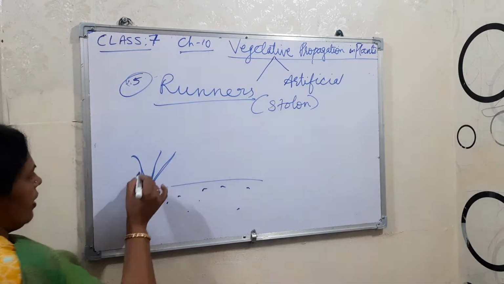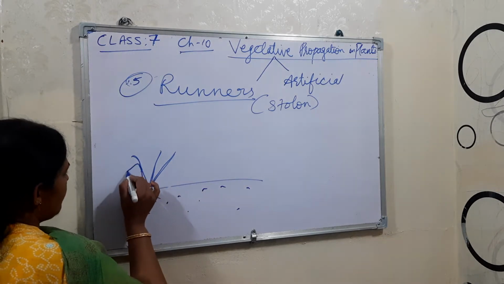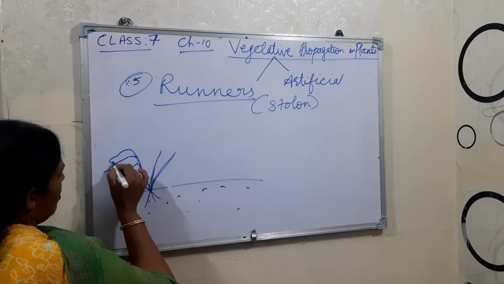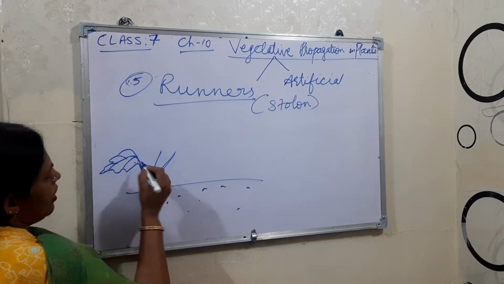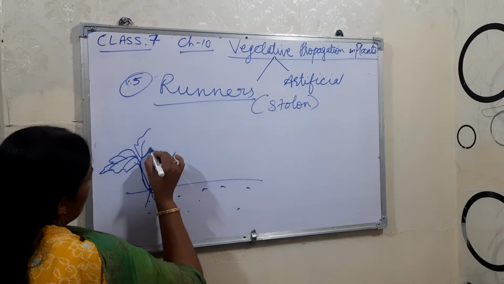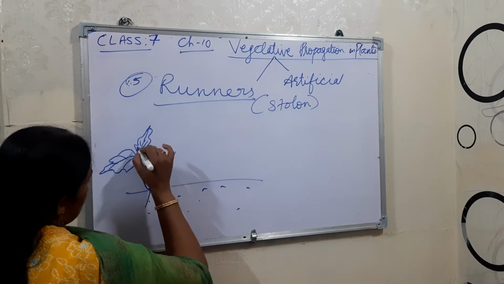This is the mother plant, and you can see these kinds of growth mostly in strawberry. That means propagation occurs.